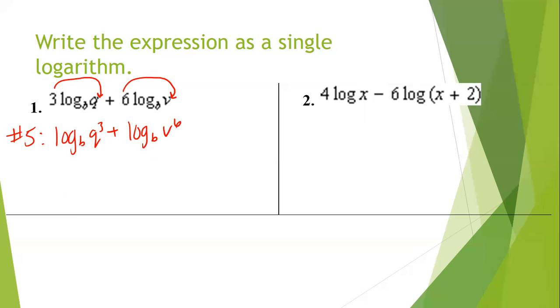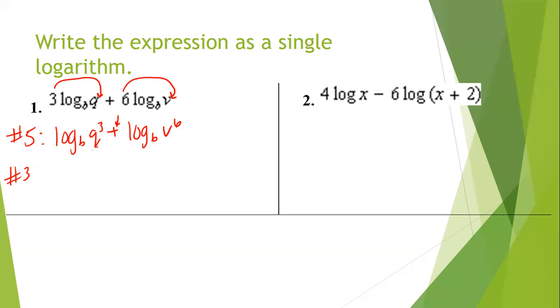Okay, after this, you're going to ask yourself, can I use property number 3 or property number 4 to consolidate? Property number 3, and why is it number 3? They have the same base and you're doing what? Adding, right? If there's addition, that means it leads to multiplication, right?